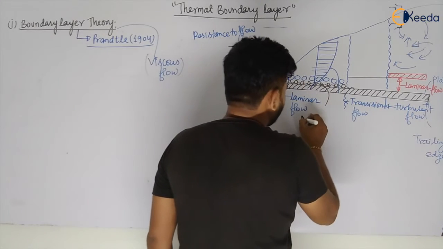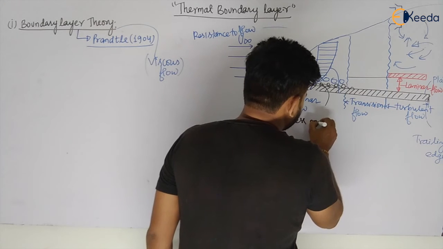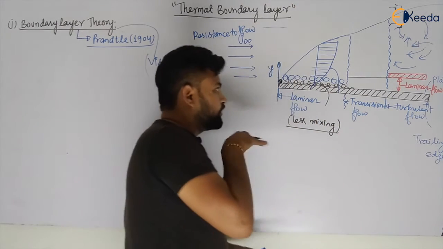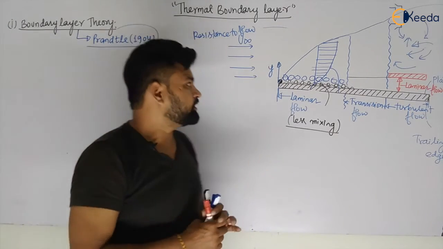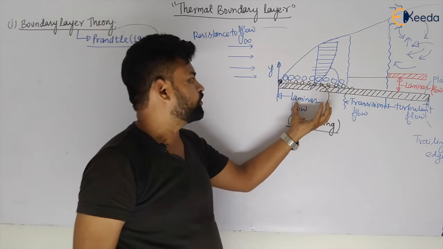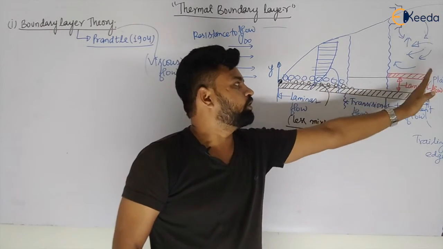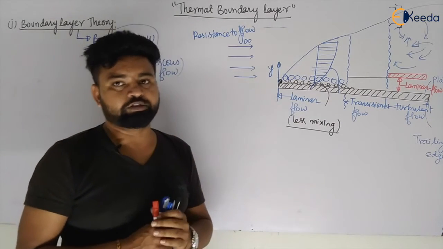You can assume less mixing, or the fluid flowing with less mixing, retarding slowly. This region is called your laminar region. In between there will be your transition region. Then later on there will be your turbulent region, or turbulent flow, my dear students.